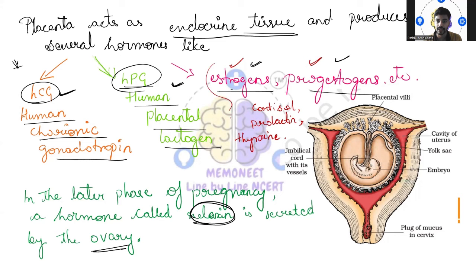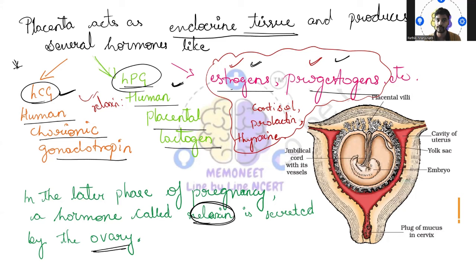These are the hormones whose levels will be higher in the blood during the pregnancy. Whereas HCG, HPL, and relaxin will only be secreted during the pregnancy.